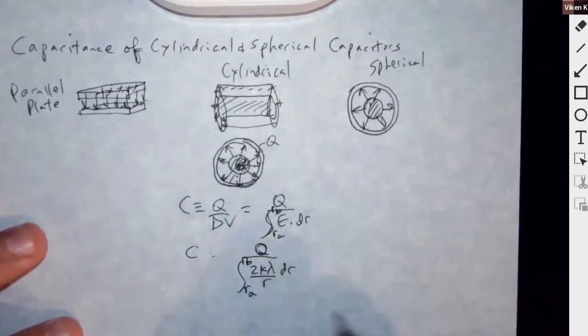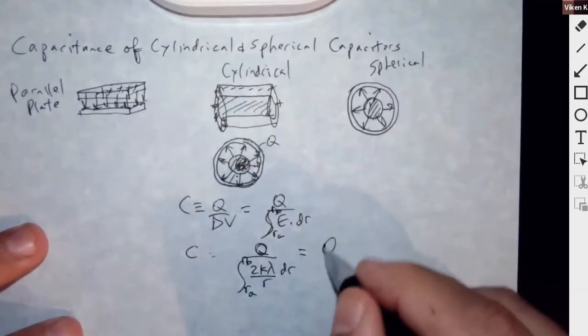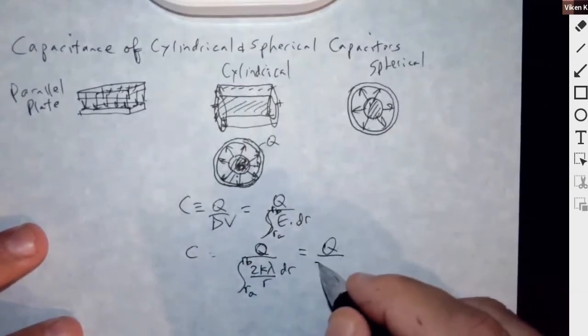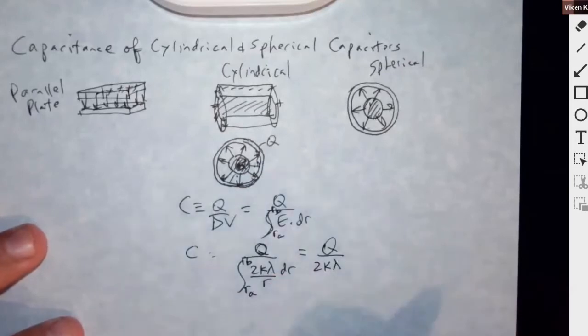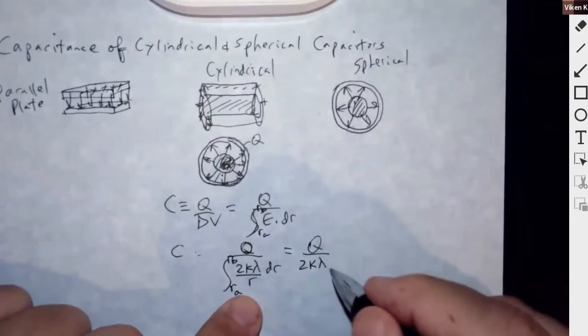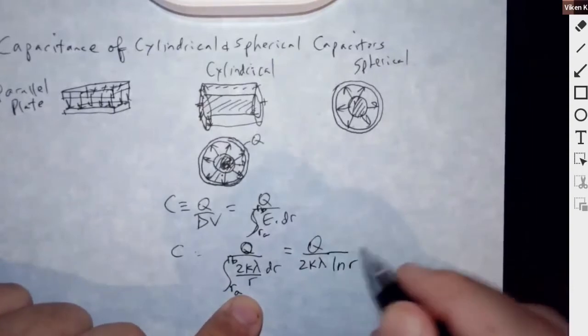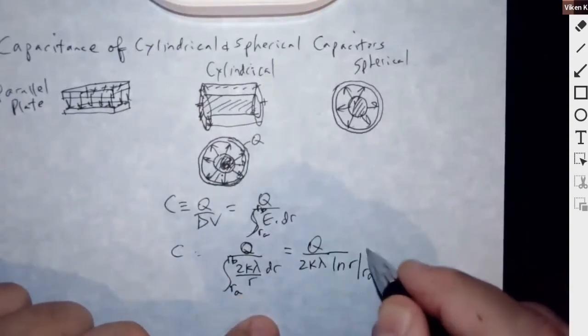And then the integral of that is going to be an ln function. So Q over 2k lambda. 2k lambda is constant, so it comes out of the integral. And then the ln of R, RA to RB.